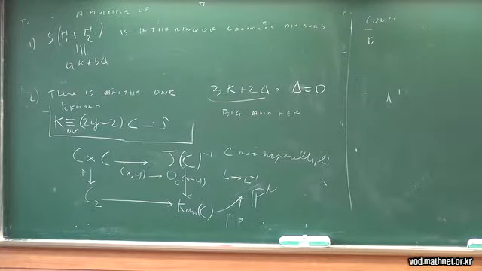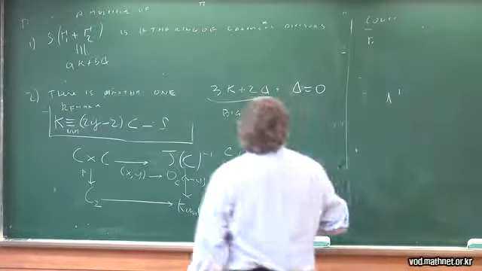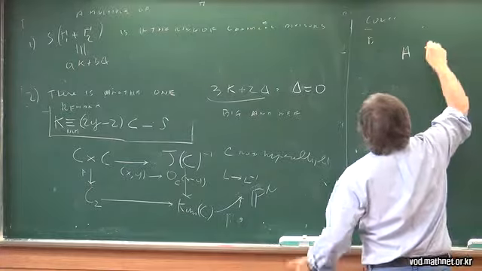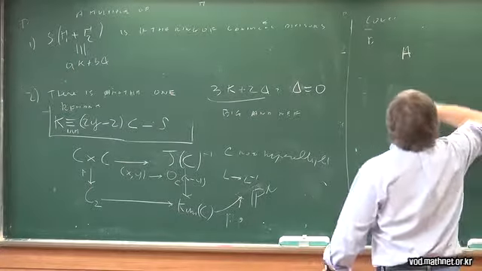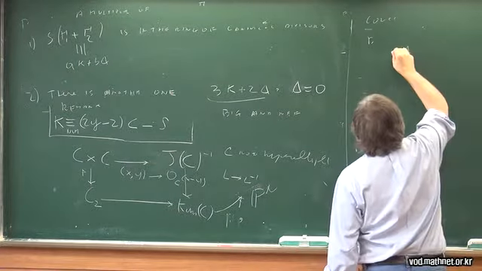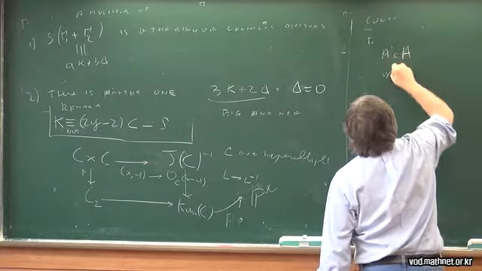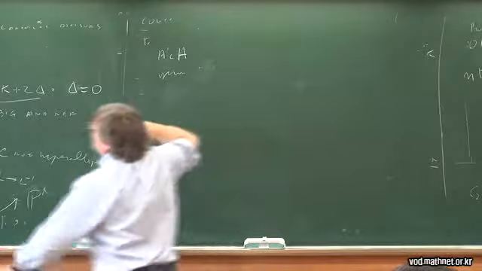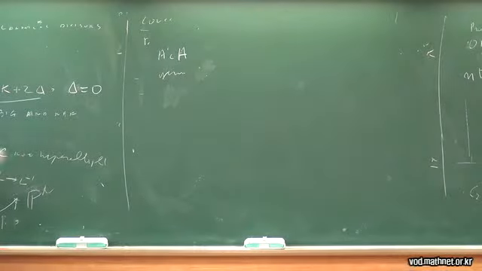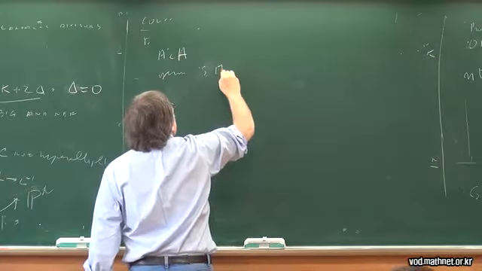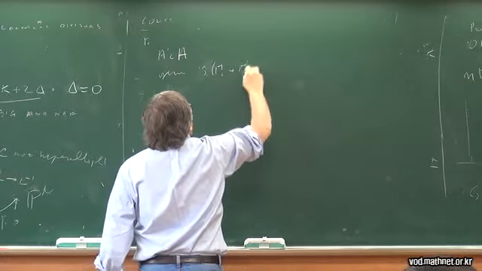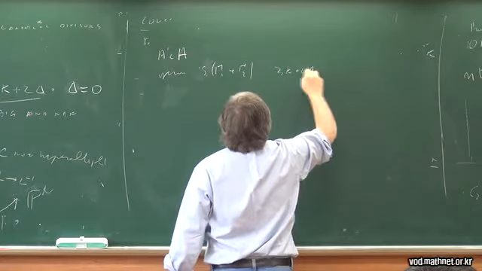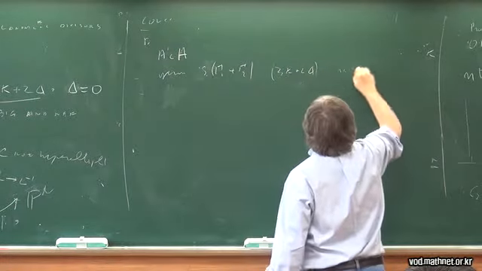Then by the standard argument of the Cox ring, when we take the subring A prime generated by this multiple and this class, because they are semi-ample, it is finitely generated.